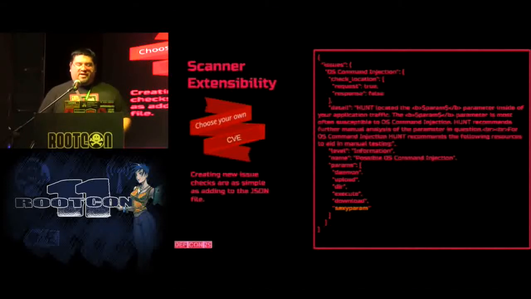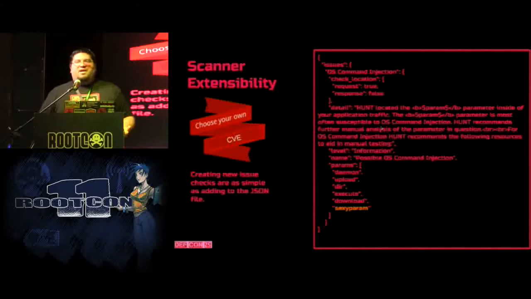All you have to do is create a new line, and here you can see I've added a parameter called sexy param. This parameter will now alert whenever you're doing passive scanning. So it'll tell you, hey, we saw sexy param. This is most often vulnerable to OS command injection.